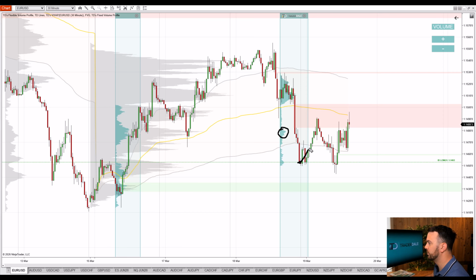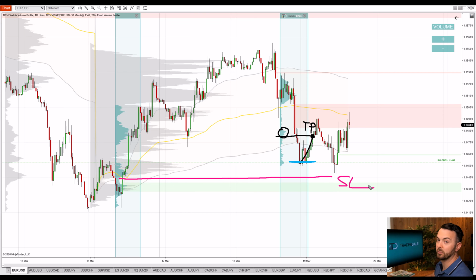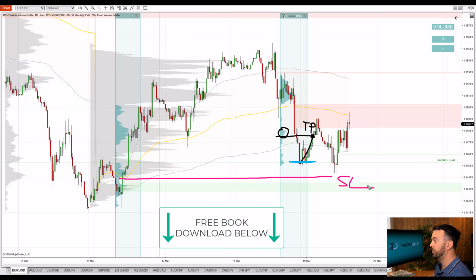So I went long from there and quit the trade at this level. So this was the take profit, this was the trade entry, and this was the stop. Okay, so this was how the prediction played out on the euro dollar.